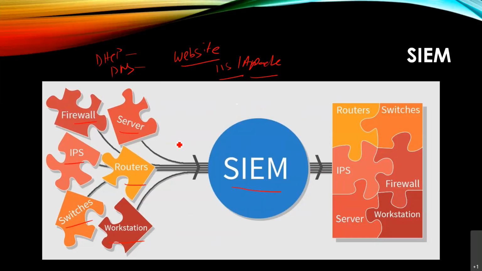Now just imagine in your organization, you have something like 100 computers. You have 10 servers giving you various services like website, FTP, email, DNS, Active Directory, DHCP, and all this kind of things. Then you have various network devices like routers and switches, and you have some firewalls.